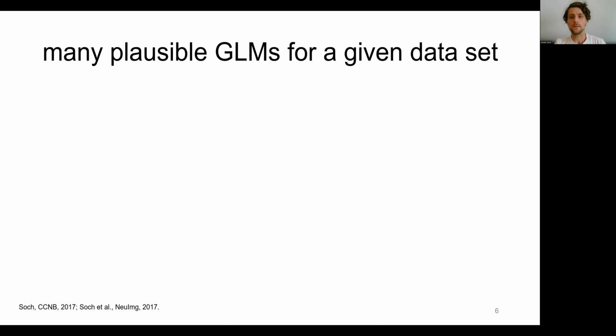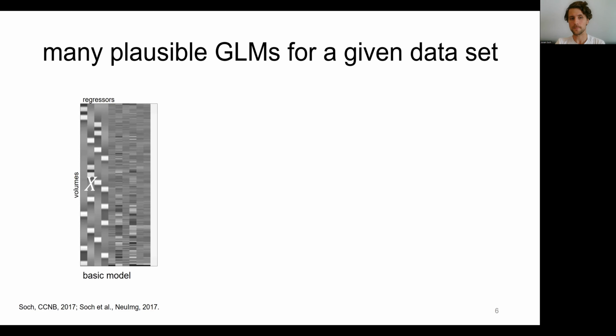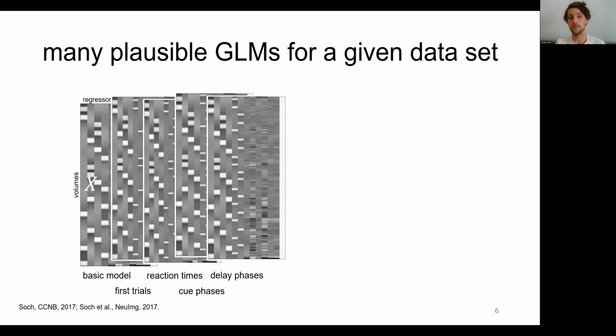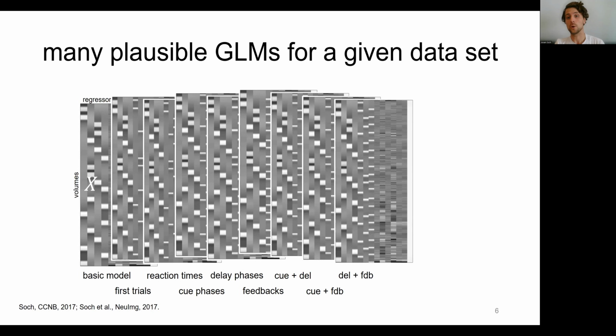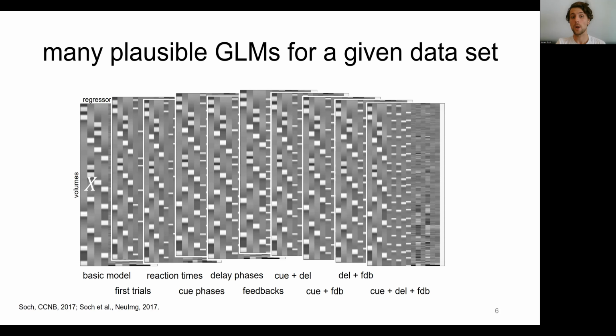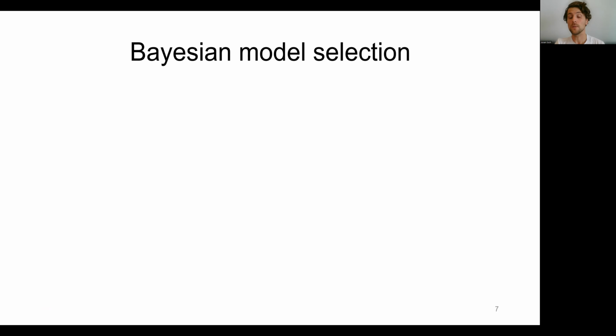Now, the problem with this is that for any given fMRI data set, there are always many plausible GLMs that we can fit, differing, for example, in the timing of the regressors, the inclusion of events of no interest, parametric modulators, among other aspects. So we used Bayesian model selection to solve this problem.